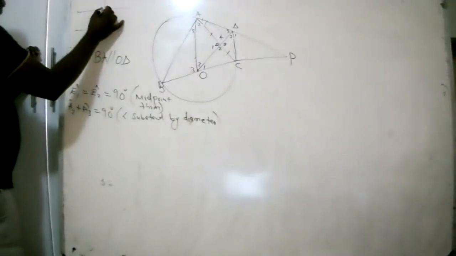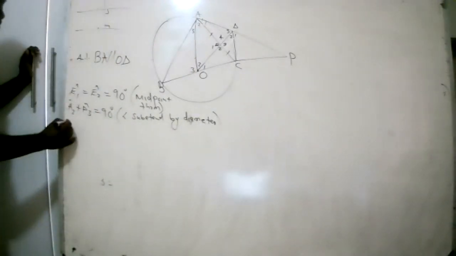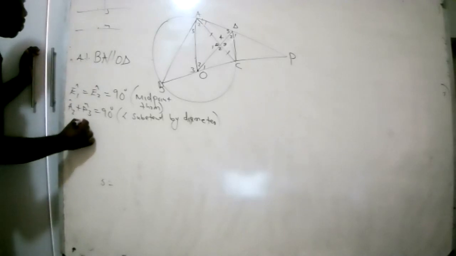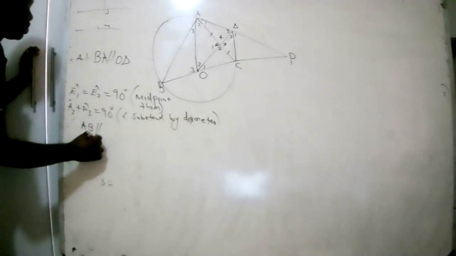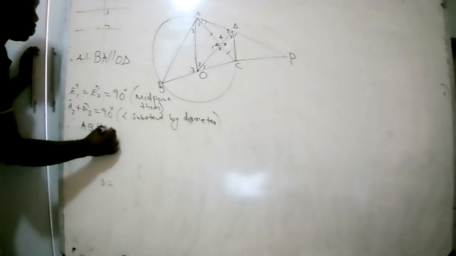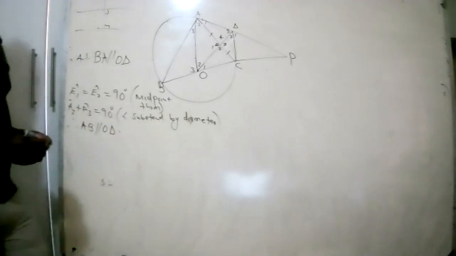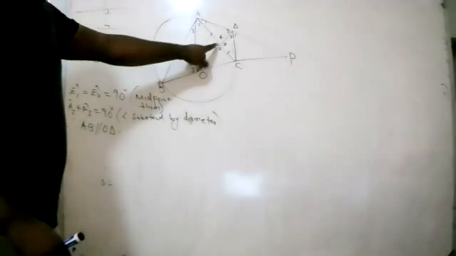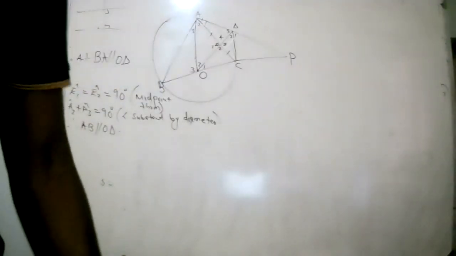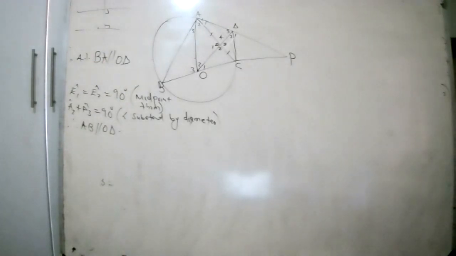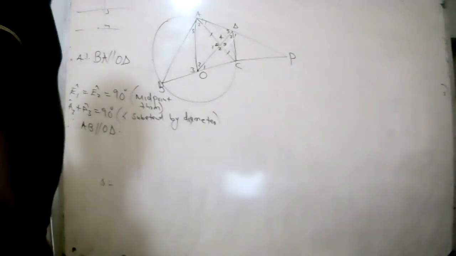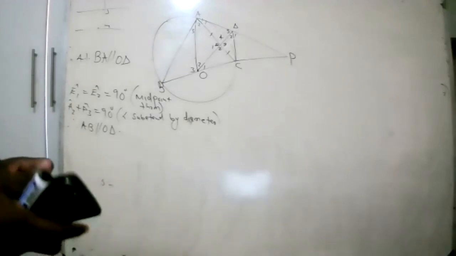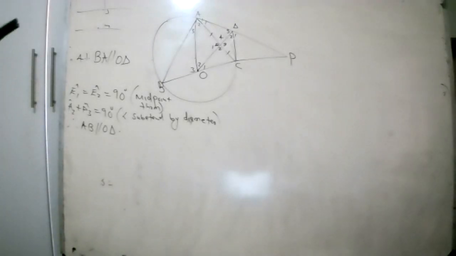Once we have a 90 degree, that simply tells us that we can now conclude that AB is parallel to what? To OD, and that's all. We can conclude once we get the 90 degrees here and the 90 degrees down there. Therefore, we can conclude that the two sides are parallel to each other. Are we clear? Are we all clear with regard to the first question I proved there?